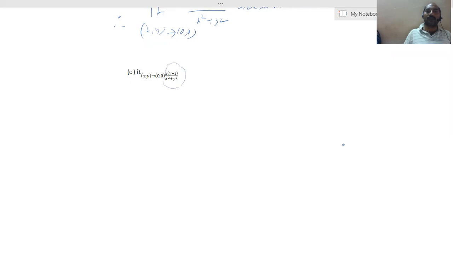From the examination point of view, I am directly going to find limit x tends to 0, limit y tends to 0, f of x comma y value. Limit x tends to 0, y tends to 0, because here the limit values are x value 0, y value 0. x times of y minus 1 by x square plus y square. That implies limit x tends to 0.